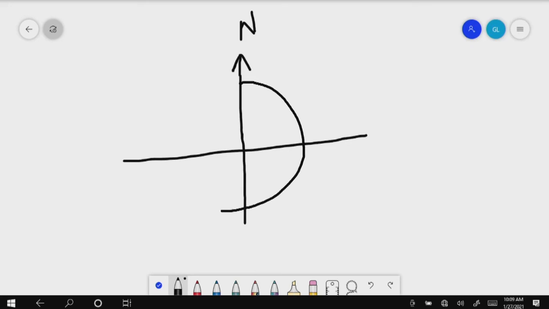So, if we want to represent, as the question is asking us, a boat traveling on a bearing of 270 degrees, in what direction is it traveling? We're looking for a direction.